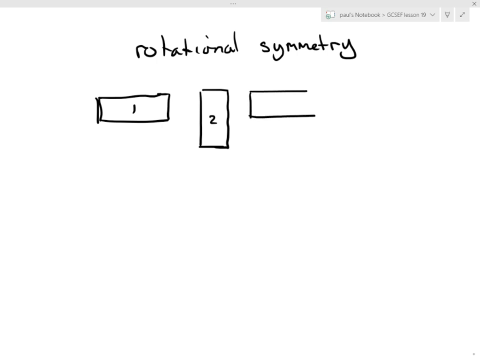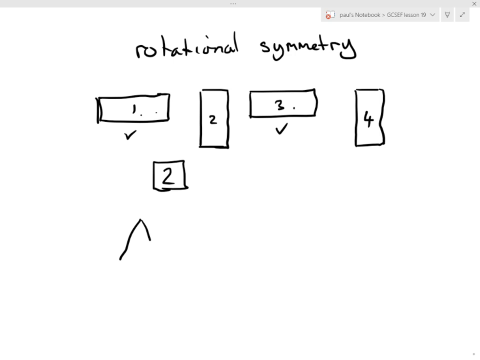Now if we spin it until it's upside down, then yes, that's the same as that, and then go round 3/4 of the way round and it looks like that. So that's the four positions, and it has a number two of rotational symmetry. Rotational symmetry equals 2 because it looks the same as each other twice.